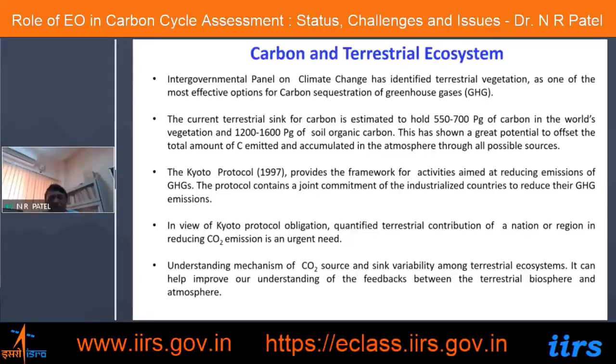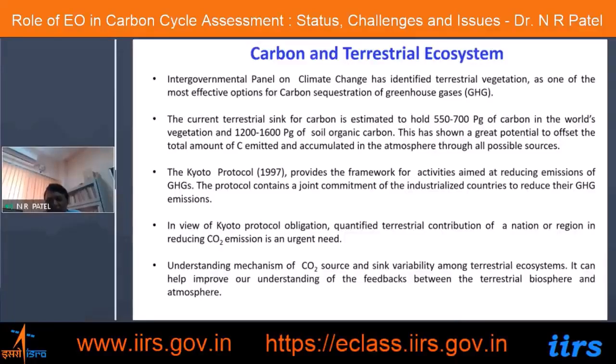So currently, if we see the total carbon pool, the current terrestrial sink on a global level is around 500 to 700 petagram of carbon in the vegetation, and around 1200 to 1600 petagram of carbon in the soil.